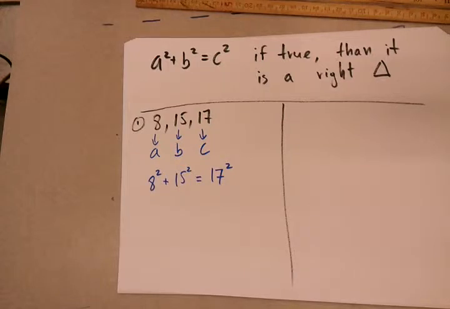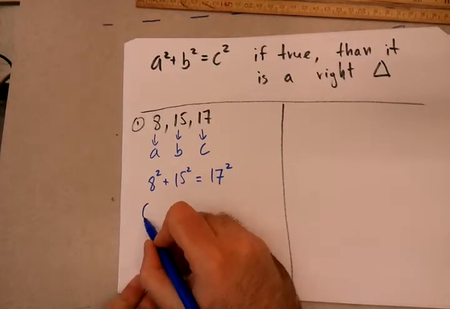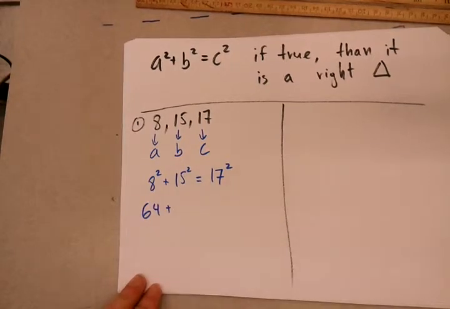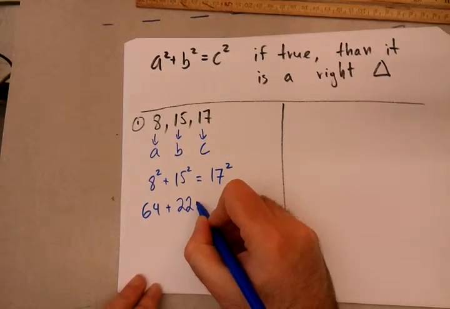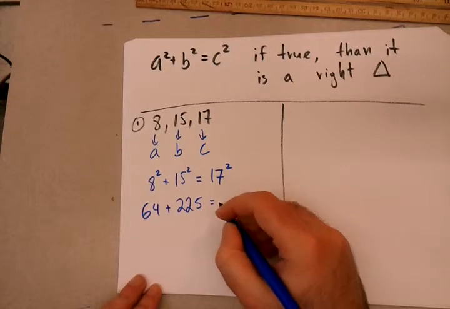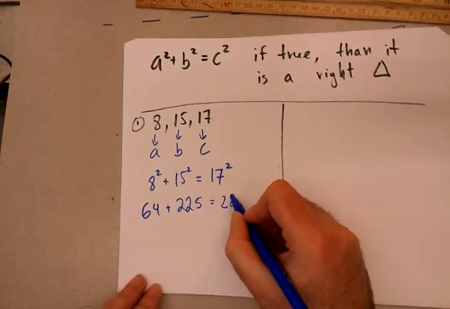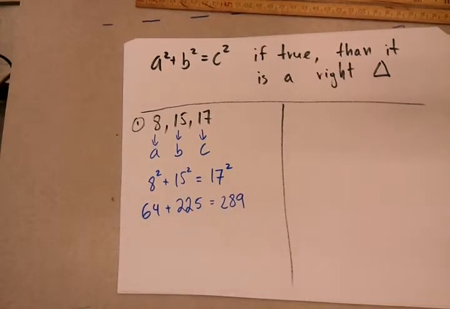Alright, so let's go ahead and mathematically work this out. So 8 squared, that is 64. 8 times 8. 15 squared, that's 15 times 15, which is 225. 17 squared is 289.